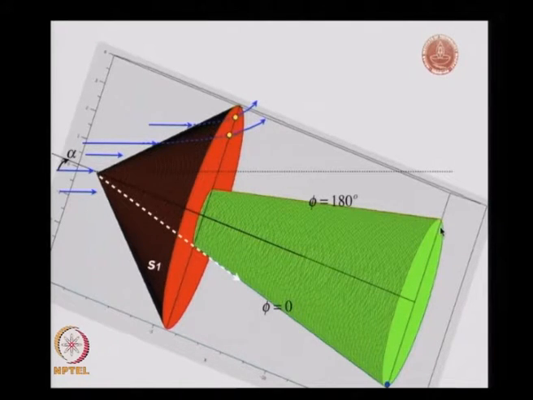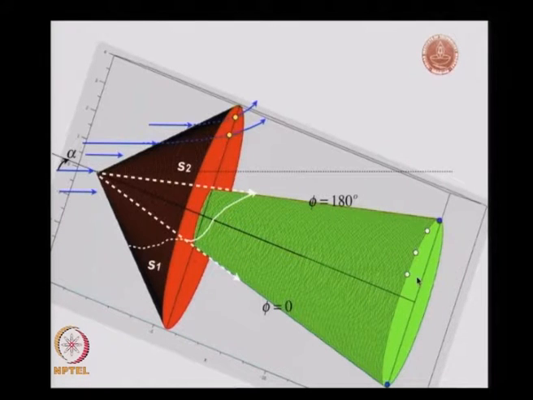Again, look at the top portion of the cone, phi is equal to 180 degrees, and concentrate there. We have a line like that which is S2, and this projects onto the green base as this blue line. Then we would have a streamline like that. For the solid part of it, again concentrate on the green base.